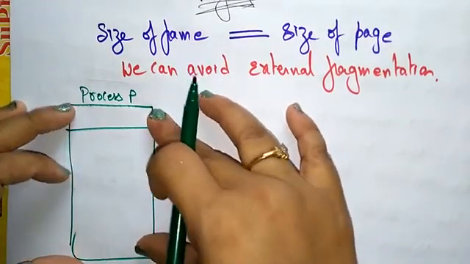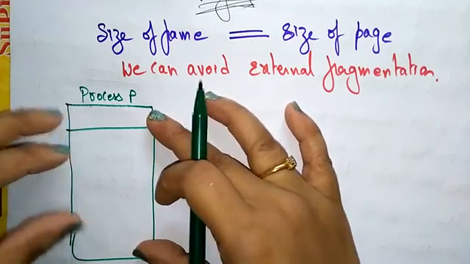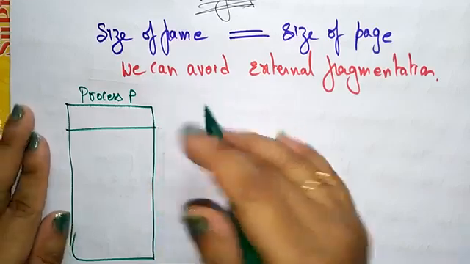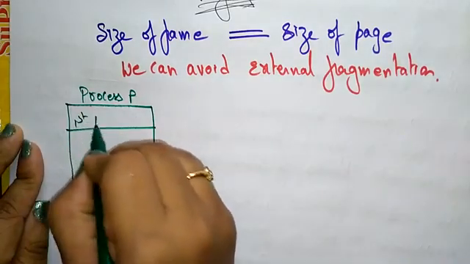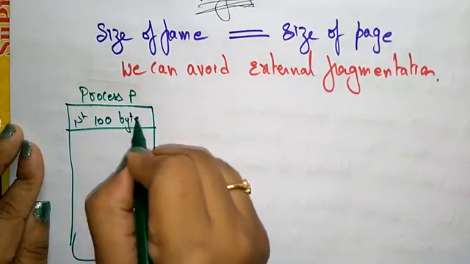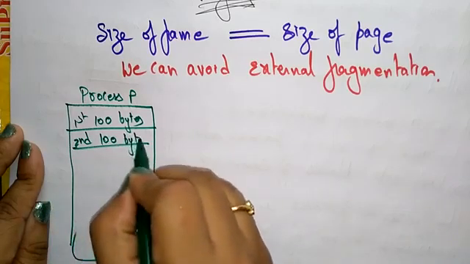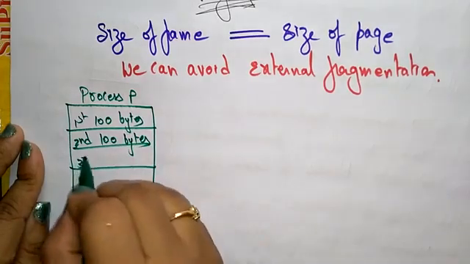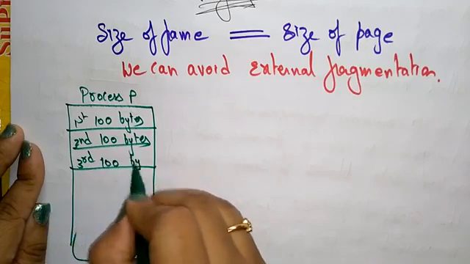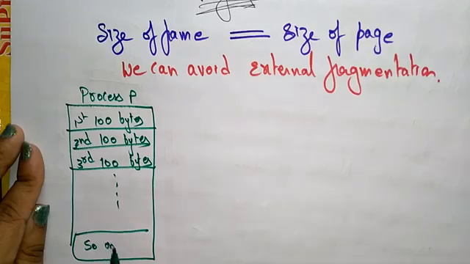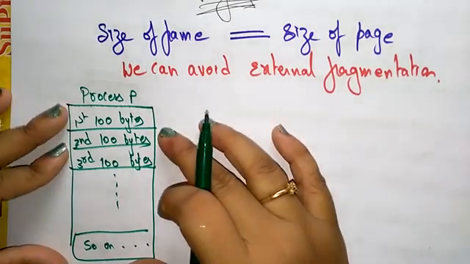The process is divided into pages. First 100 bytes, second 100 bytes, and so on. So this process is divided into pages.